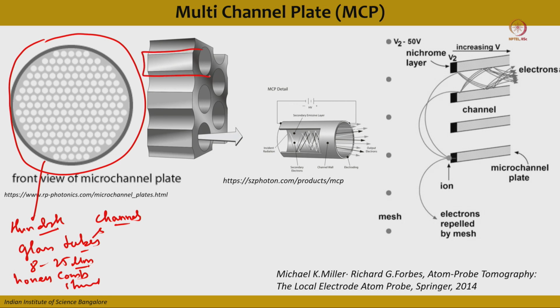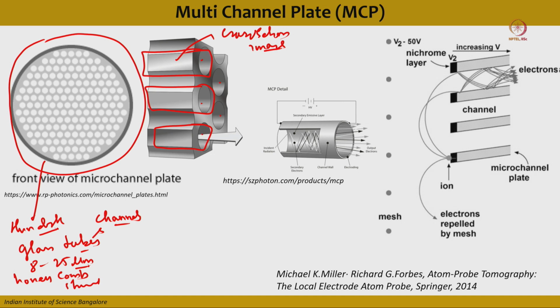You can see a single tube here, first tube, second tube, third tube. So it has a certain thickness. This is the cross section image of a typical multi-channel plate, and these are the glass tubes.